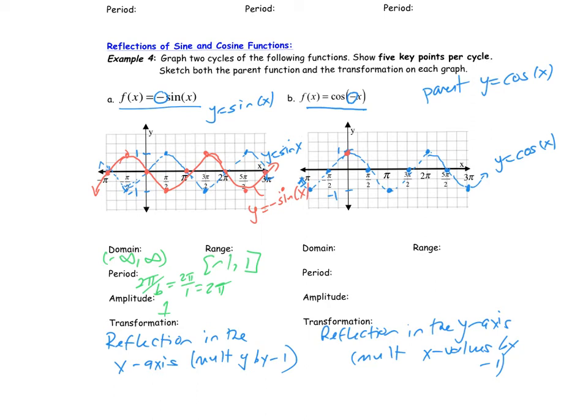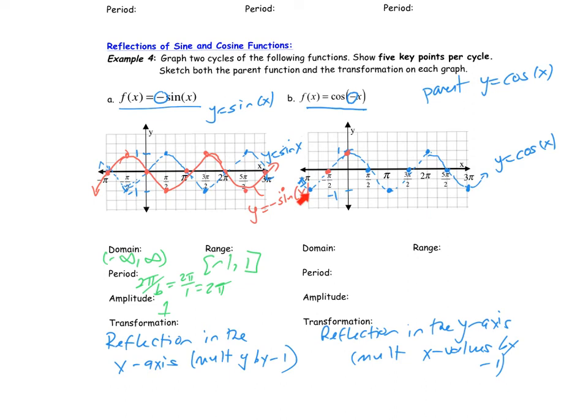Pi over 2, 0 is going to be reflected. So if I take pi over 2, 0, it's going to be reflected over to negative pi over 2, 0. So we'll plot that point. If we have the point pi, negative 1, we're going to reflect that over the y-axis.